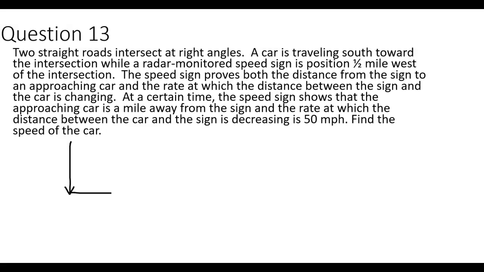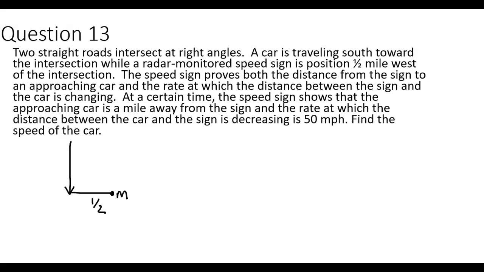So we'll say that the monitor is right here, so I'll just put a dot here and I'll call that M. And now I know that that distance is 1/2 of a mile from the intersection. So we have a car traveling south, and then we have some kind of a speed monitor that is 1/2 a mile in the westward direction from that.